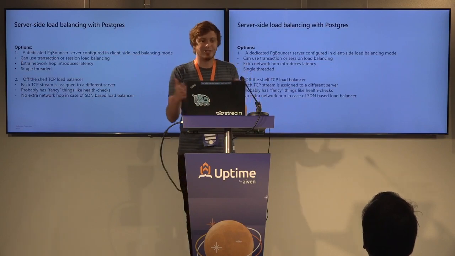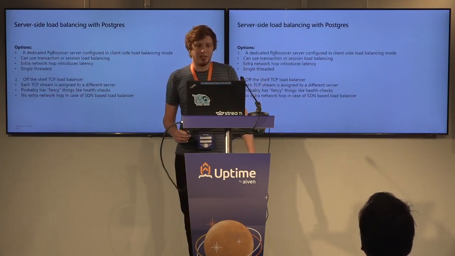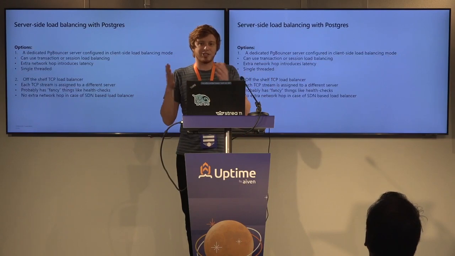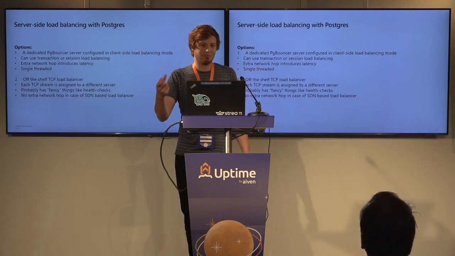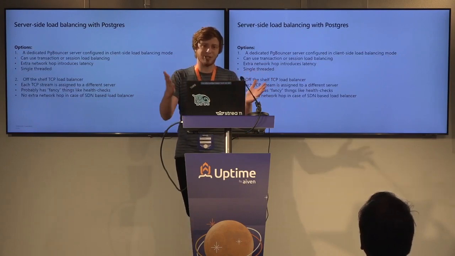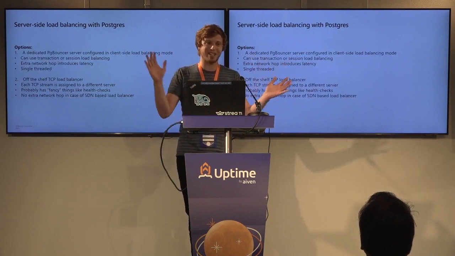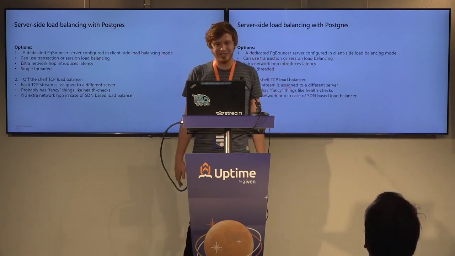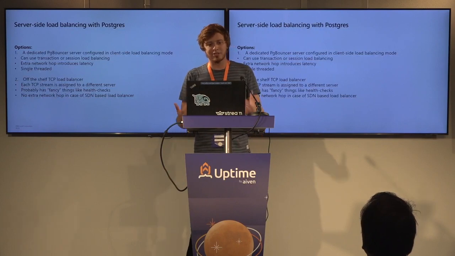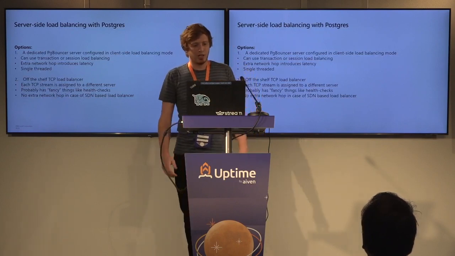So it doesn't really scale. You start running into the problem that at some point PgBouncer just becomes bottlenecked on one CPU core. One CPU core on your 32-core machine is maxed out, and still it doesn't go any faster. So this is not really a good solution.